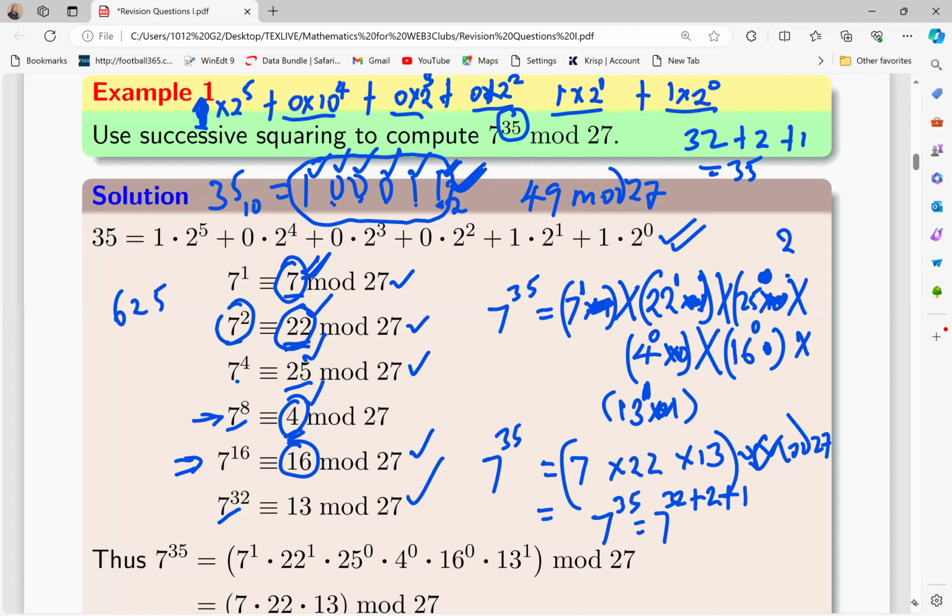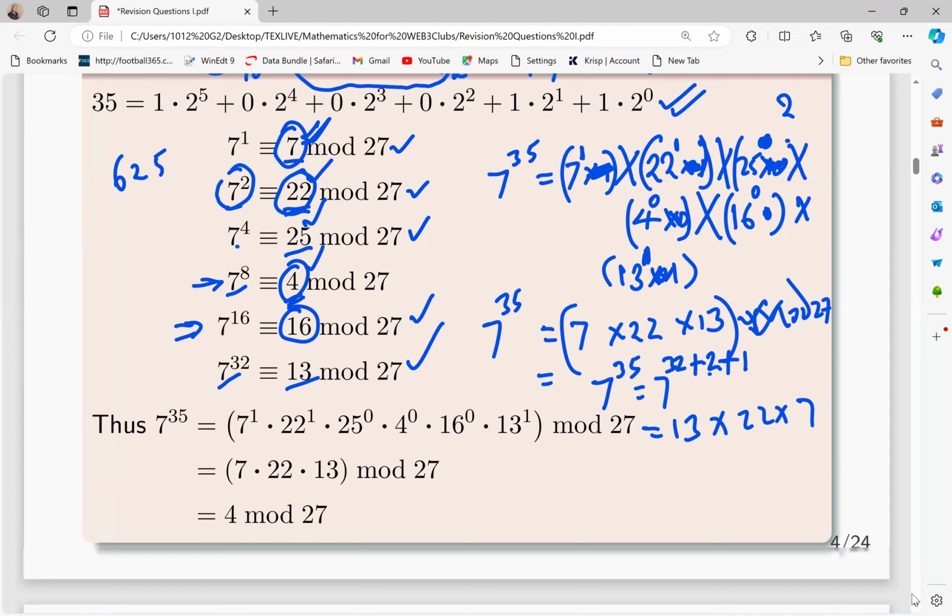Is that okay? That's what we had done earlier. So 7 raised to 32 becomes 13, 7 raised to 2 becomes 22, and 7 raised to 1 becomes 7. It's the same thing, only that this time we are trying to shorten our working.